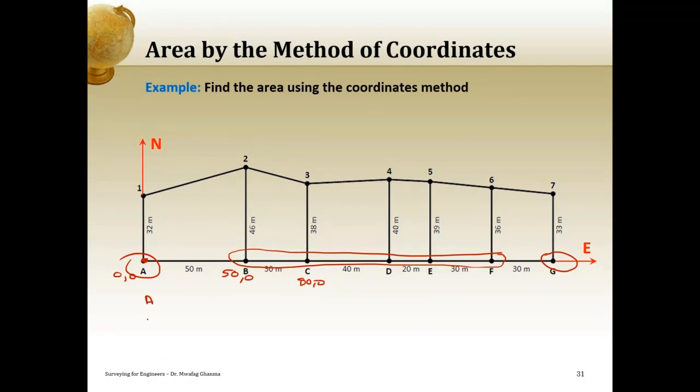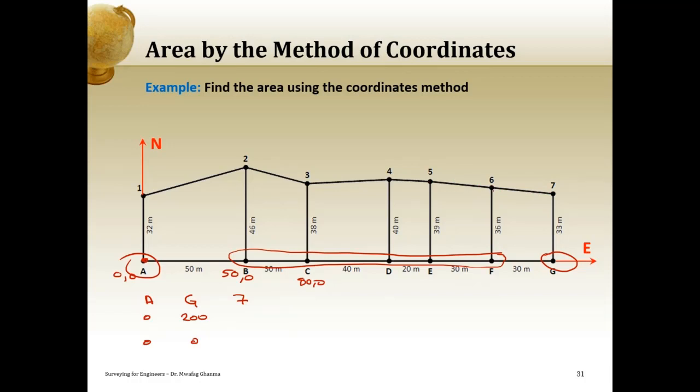So I will put A, which is 0 and 0, and I will jump to G, and G will be, I don't know, 50, 80, 120, 140, 170, and 200. Maybe this is 200, and the Y is 0. Then I will go to point 7, and then, I don't know, point 7, point 6 and point 5.